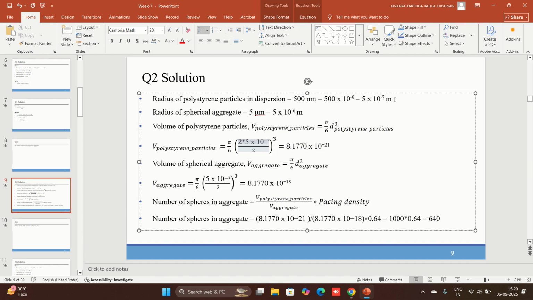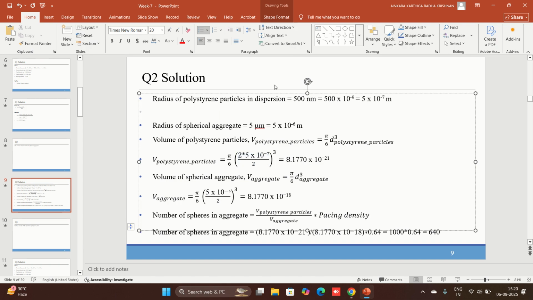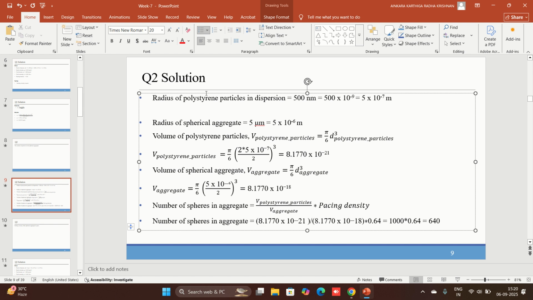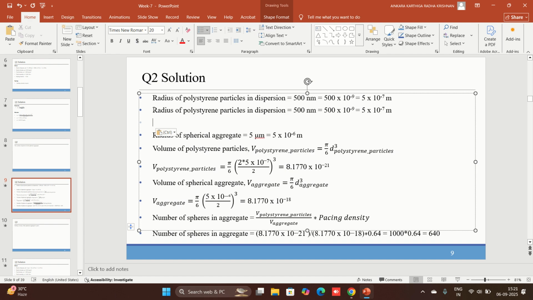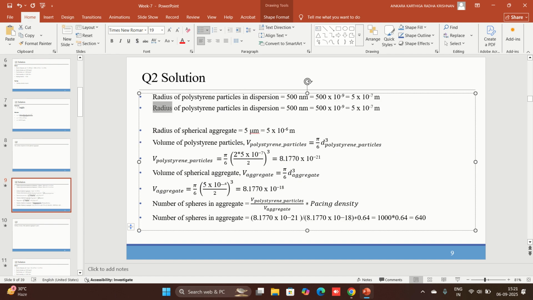I just calculated it wrong, but it doesn't affect the solution; anyway, we will change it now. The diameter of polystyrene particles in dispersion is 2 into 500 nanometer, or 1000 nanometer, and it is 1 into 10 power minus 6.